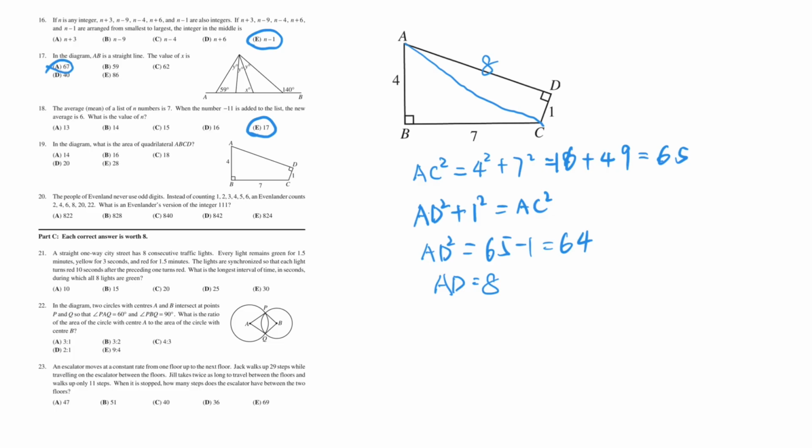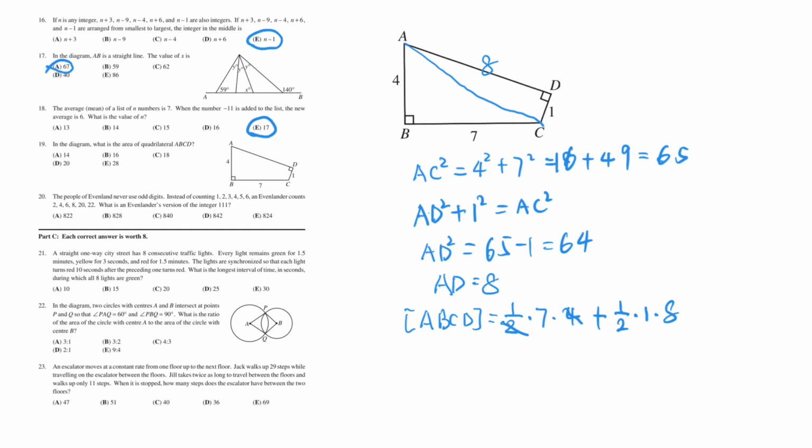Now the area of ABCD equals the triangle ABC area, which is 1/2 base times height, plus the ACD area, 1/2 times base times height.